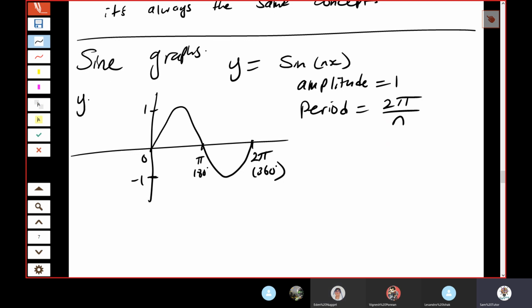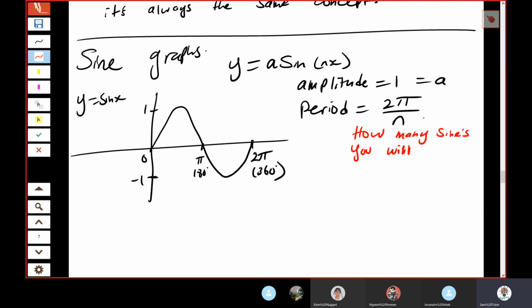So this graph here that we've drawn is y equals sine x. Your amplitude is the number in front of your sine. Your period tells you how often sine occurs.